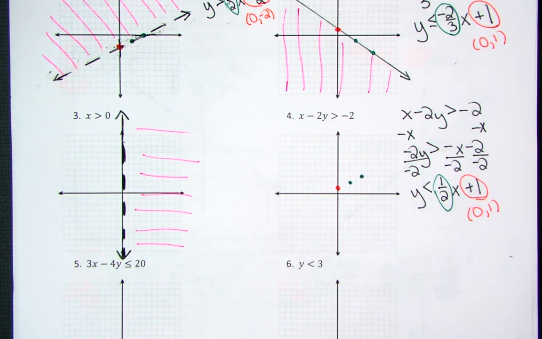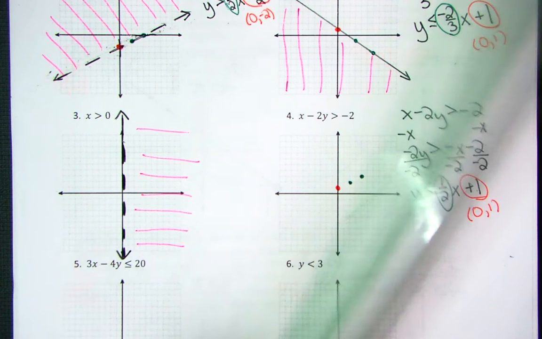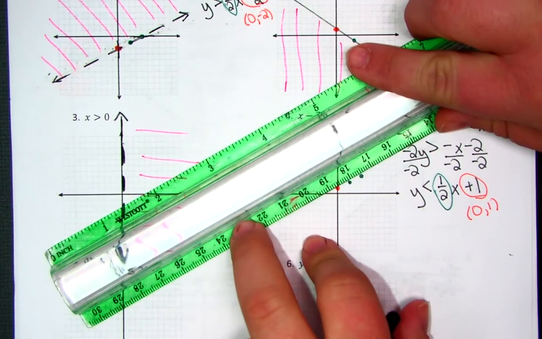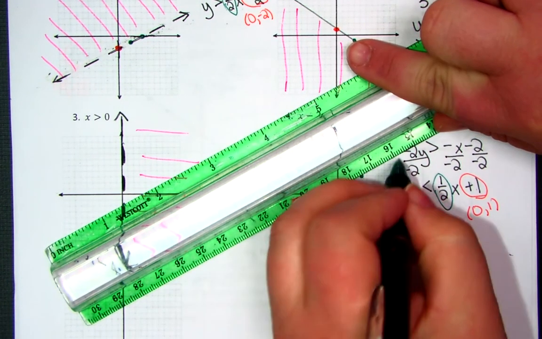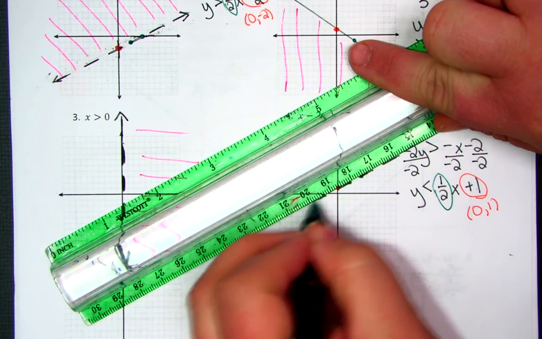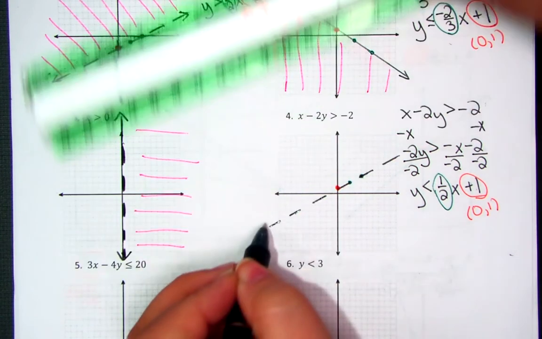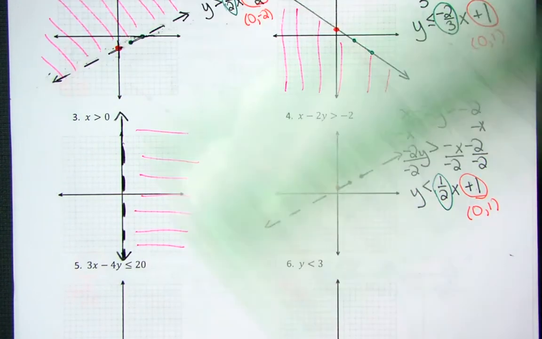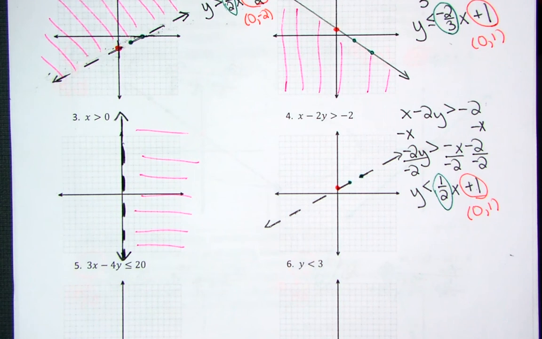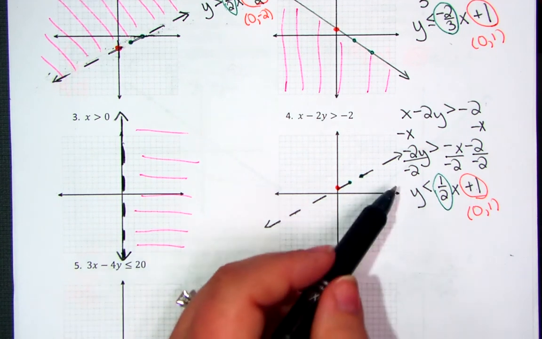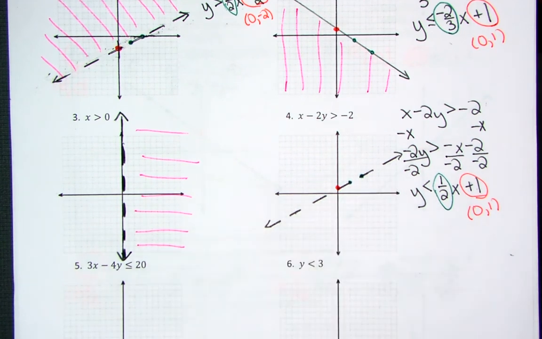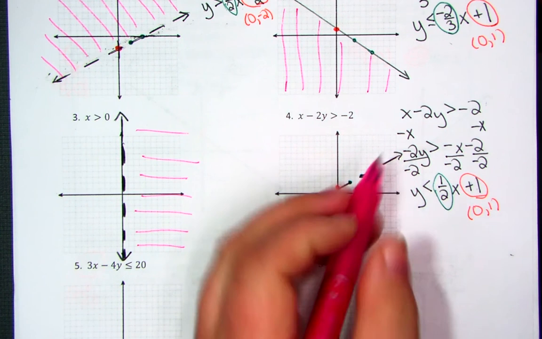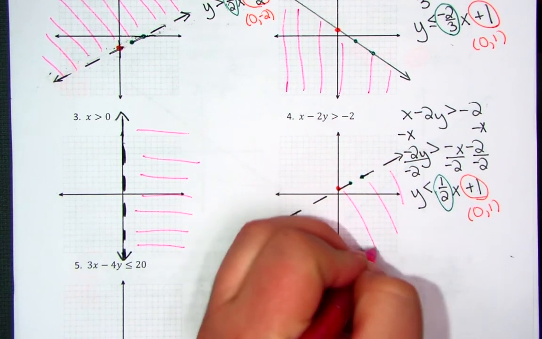So we're going to use a dashed or dotted line. Y is less than, so that means we need to shade where the y's are actually getting smaller or are less than the line. That would be below the line.